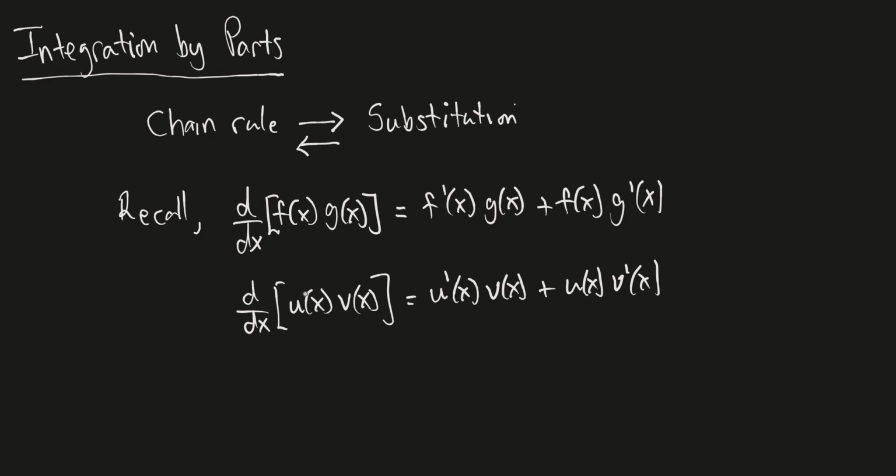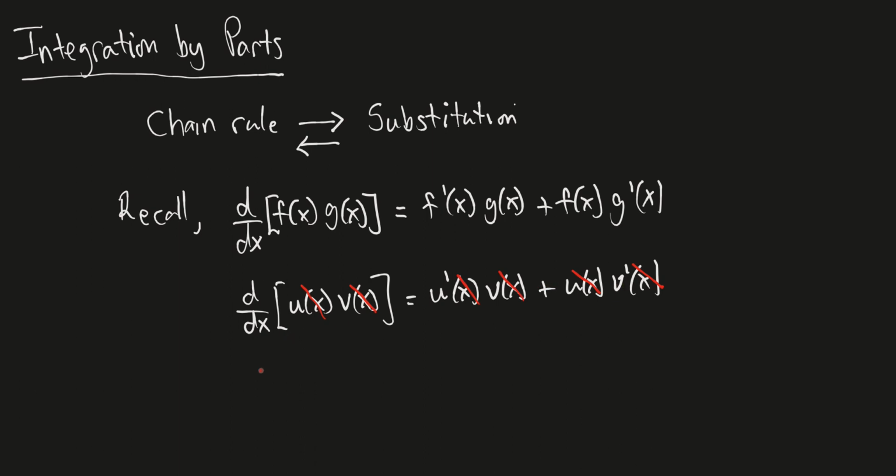Now, suppose it is assumed that U and V are functions of X. So what if we don't have to write the of X part? What if we just get rid of all of these? And then since I used the D notation on this side, let's be consistent and use the D notation on the other side.